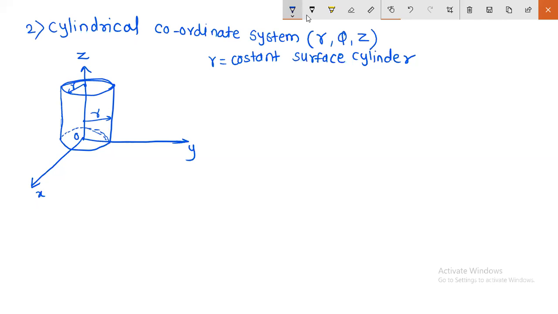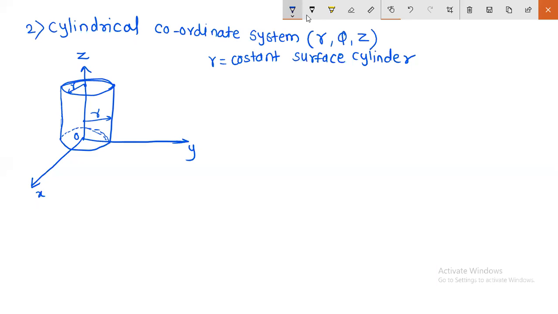Now, that is what I was saying. Here you can consider any point on the surface, and from the z-axis, which is your central axis, to the surface, anywhere you check, that will show the radius of your cylinder.